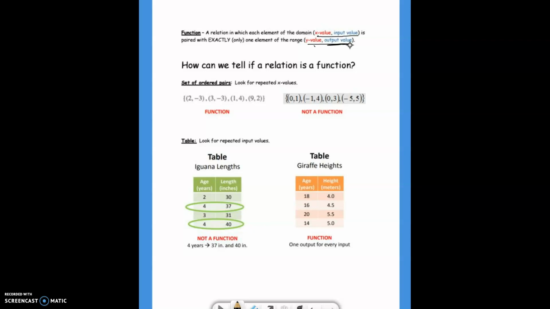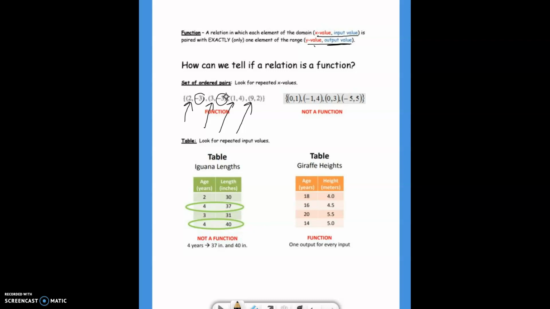All you're doing is looking at the x values and seeing if anything repeats. You'll notice here we have nothing that repeats. So for every input, we have a special output. Now you notice some of the outputs repeat, which is fine, you'll still have a function. But the input, or the x values, cannot repeat.